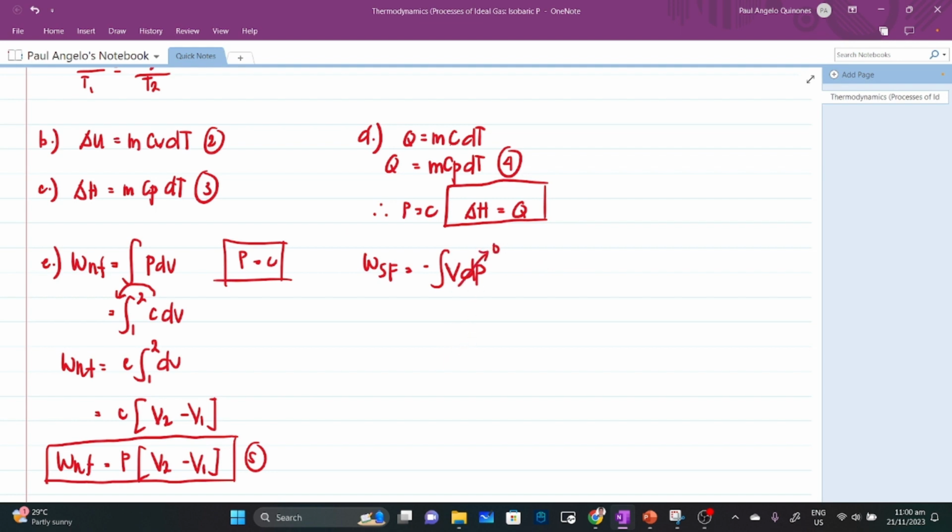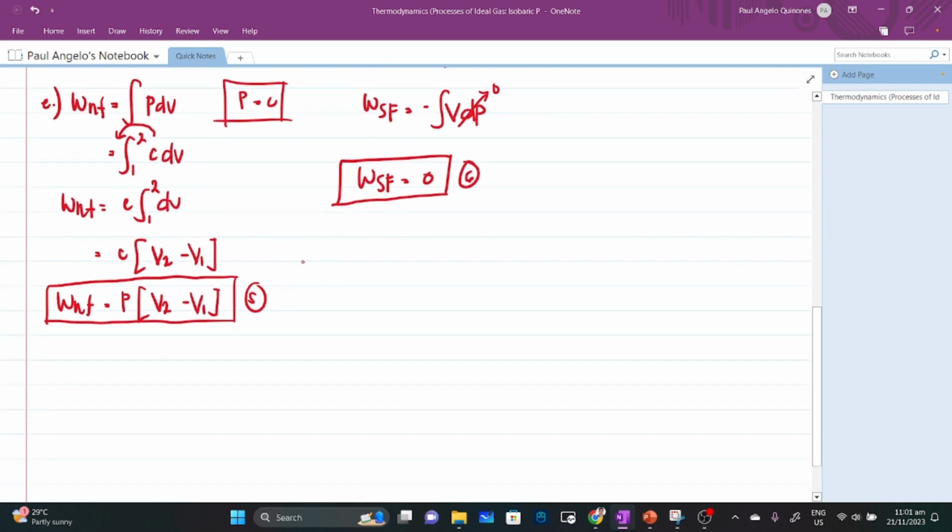Zero times the function V, regardless of how high its magnitude, will always be 0. So the steady flow work here, using negative VdP, is 0. So this is equation number 6.